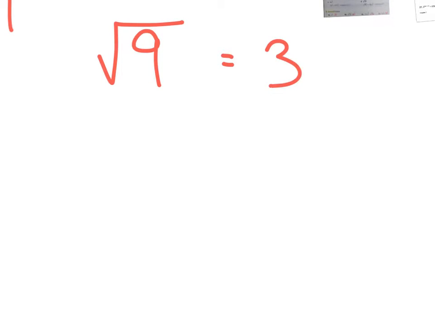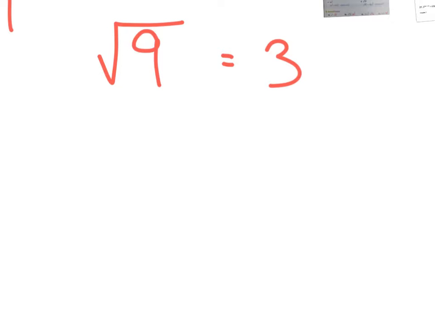It's 3. Why? Because when you ask what the square root of 9 is, you're really asking what number times itself will give you 9. By the way, in this little area, there's nothing, but technically you could put a tiny 2 right there because that's the square root. But it's not necessary.